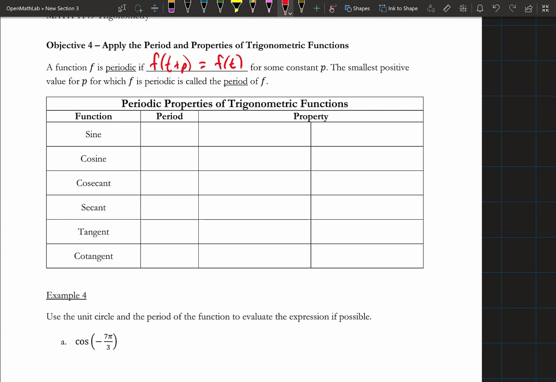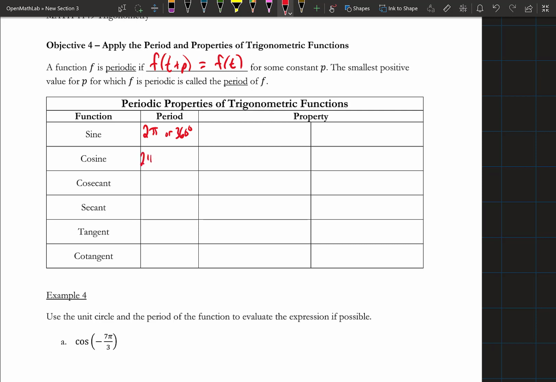Essentially, if I can add some constant p to the input and I get the same output as if I didn't have that p there, then it's periodic, like it repeats itself. It turns out that the period of sine, cosine, cosecant, and secant are all 2 pi, or we could say 360 degrees.